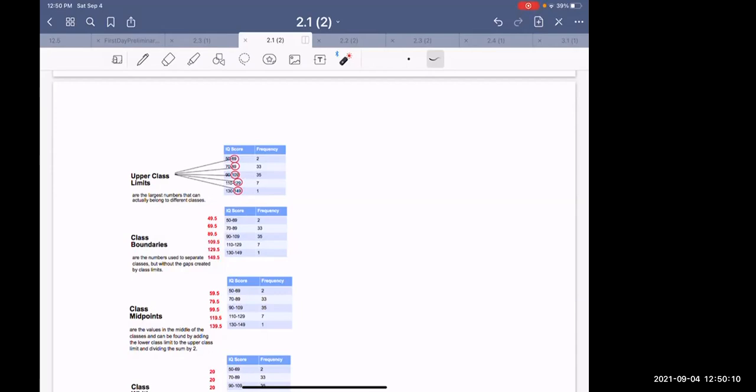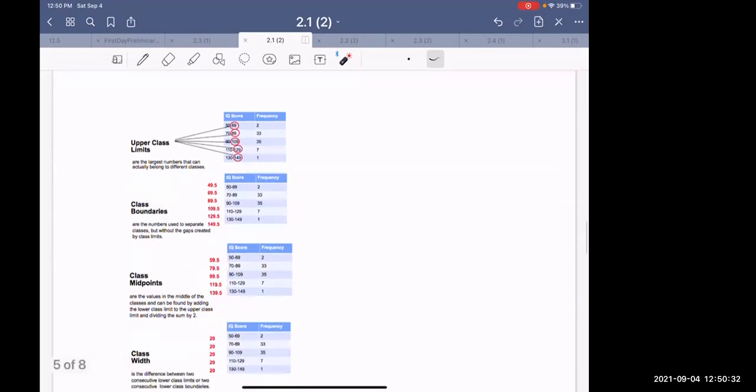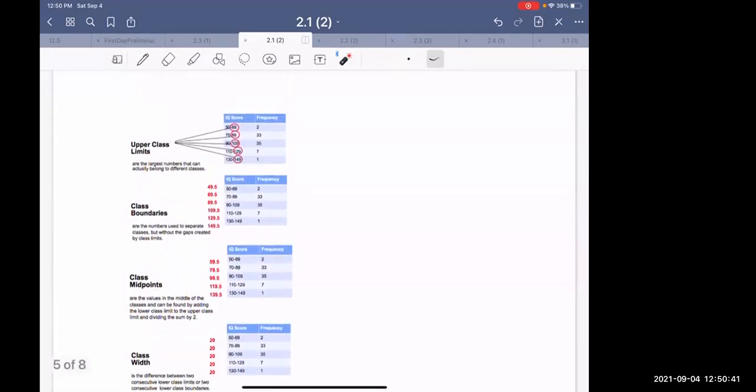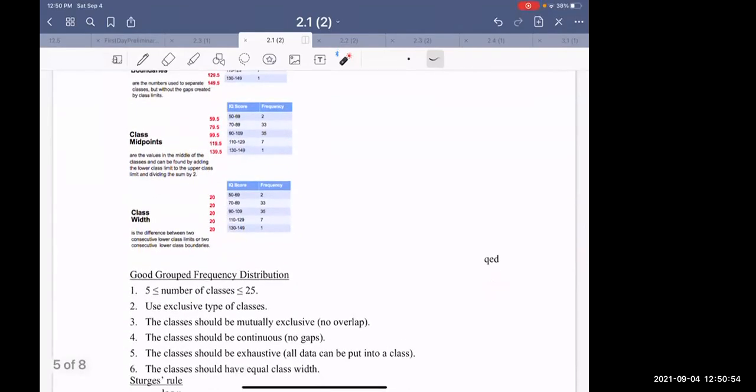And so 50 plus 69, 119 divided by 2, 59.5. 89 plus 70, 159 divided by 2, 79.5, etc. Class width, well, 70 minus 50 is 20, or you could do 69.5 minus 49.5. This still also gives me 20. Okay.